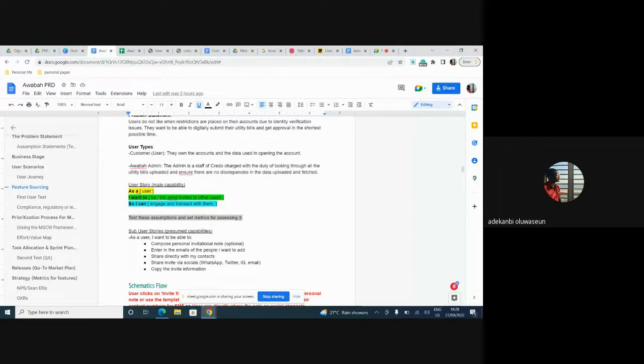For an analytics feature, the story will be: as a user, I want to be able to view my past transactions so that I can know what transactions to perform in future. The structure of a user story helps you know that you're not just building something that is useless. You're building it because you know the user needs it for one reason.